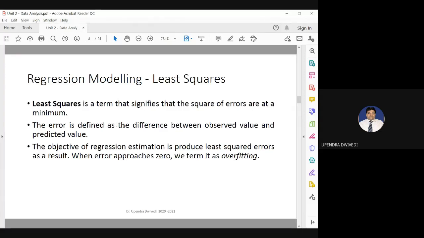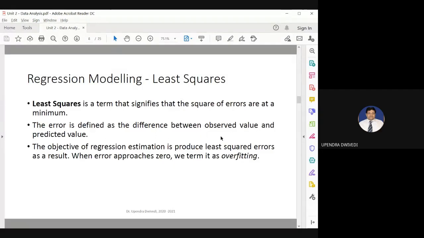The error is defined as the difference between the observed value and the predicted value. The observed value is not coming from your model. It is a value which you are getting in a real environment.